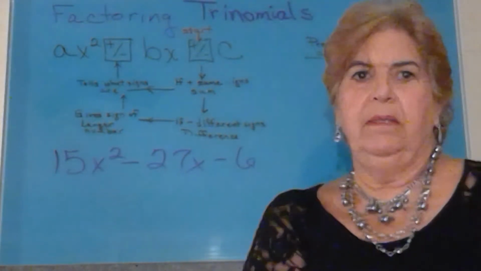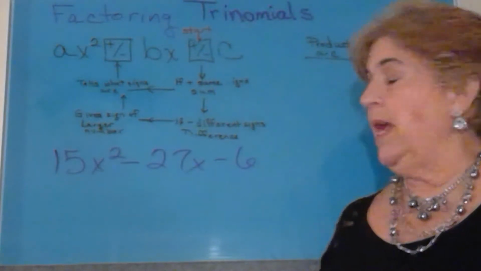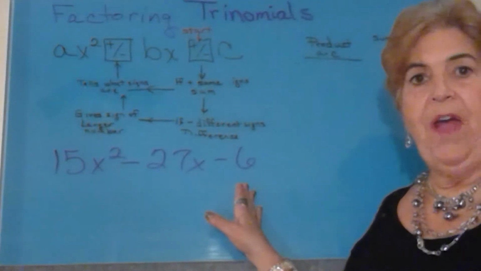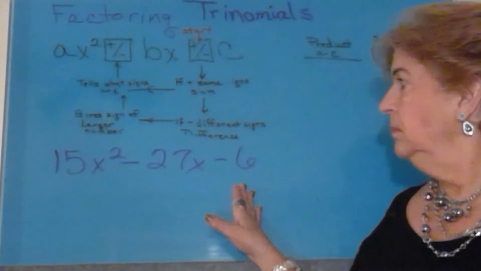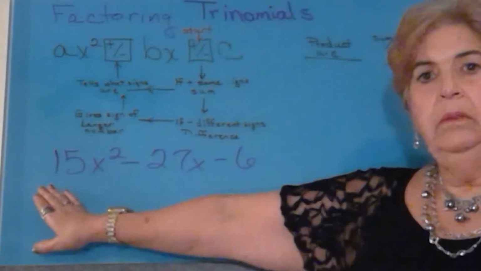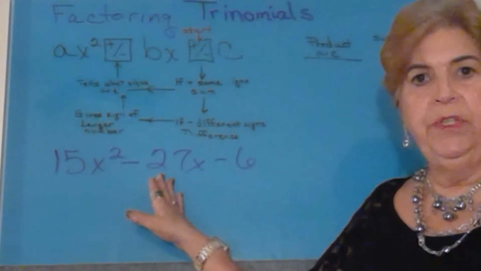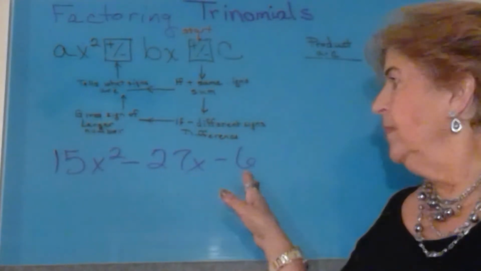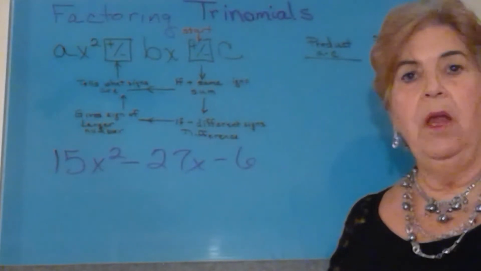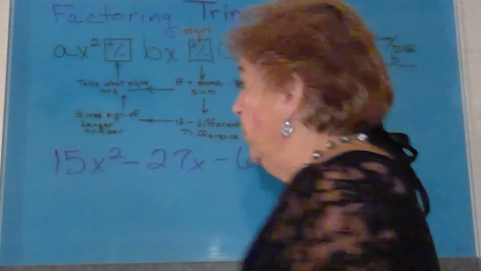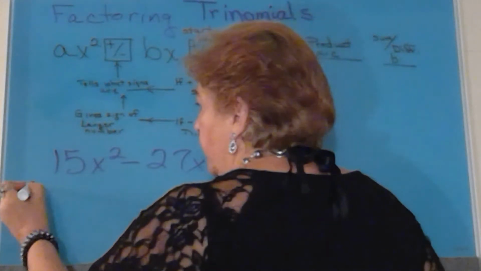Oh, way back, probably in a pre-algebra class somewhere. What can you take out of all 3 terms? Well, 3 goes into 15, 3 goes into 27, and 3 goes into 6. So start by taking out the greatest common factor. The greatest common factor is 3.